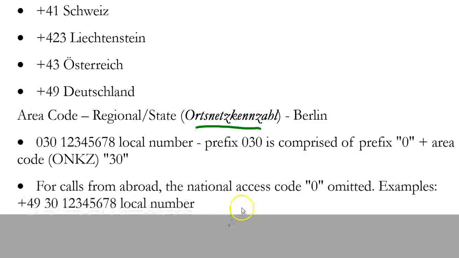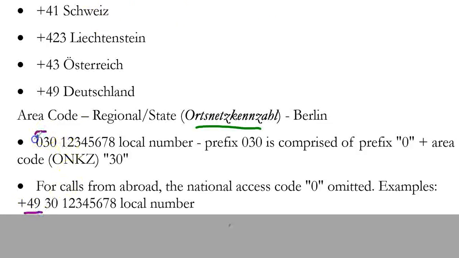If I'm calling from abroad, so let's say I'm in the United States and our international number is 001. That's why when we call, we might say 1-555-55. 1 is ours. So let's say I'm here and I'm calling Germany. The first thing I'm going to do is dial the international number for Germany, so 49.